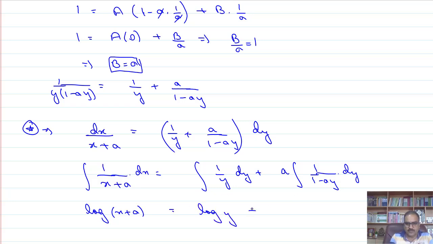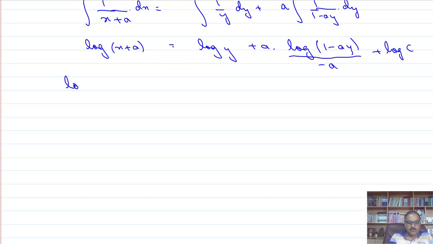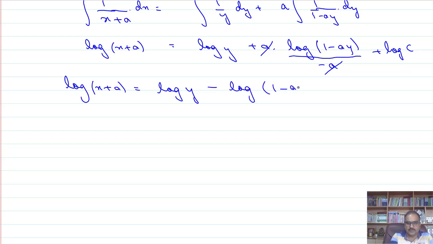For this part it will be a times log of 1 minus a y divided by the coefficient of y, that is minus a, plus log c. So log of x plus a is equal to log of y, now this a and a cancel out, minus log of 1 minus a y plus log of c.